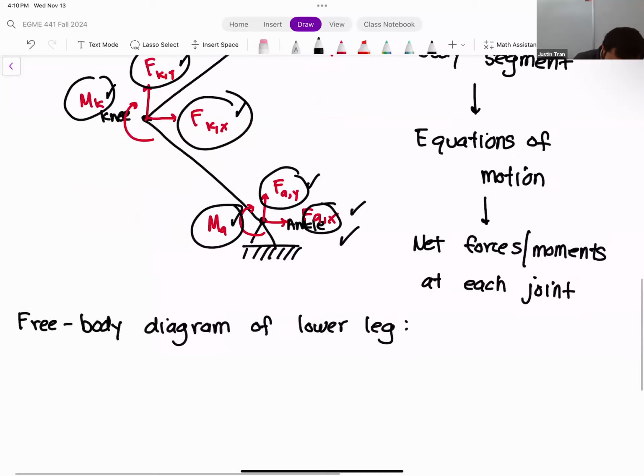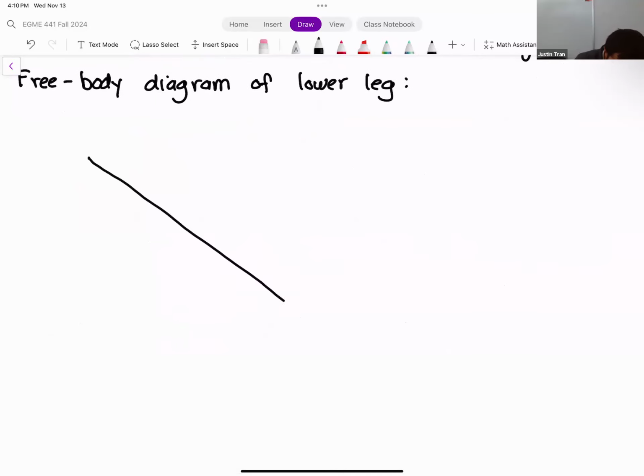Our lower leg is angled like this. The lower leg is the body segment that connects the ankle joint to the knee joint. We have quite a few forces acting here. First we have to define the gravity force.